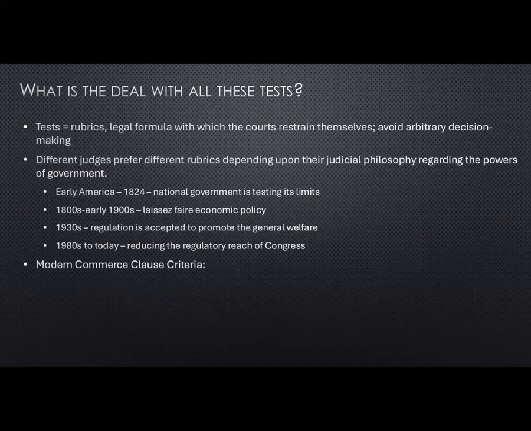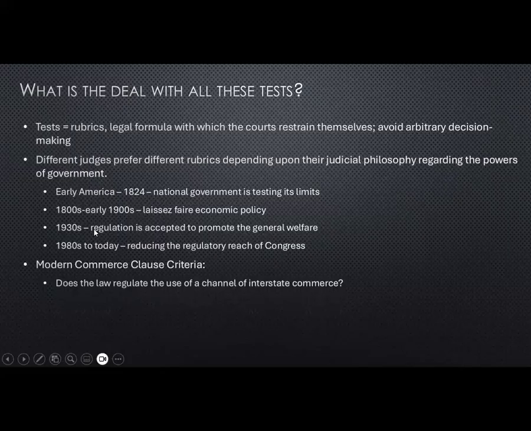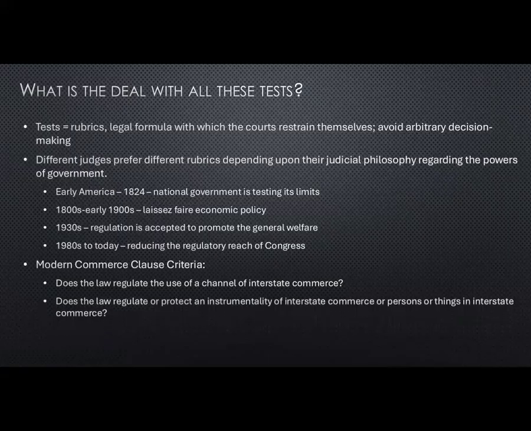The textbook provides the 3 questions. So these are the 3 modern Commerce Clause criteria, and they're good to know. First, does the law regulate the use of a channel of interstate commerce? Second, does the law regulate or protect an instrumentality of interstate commerce or persons or things in interstate commerce?